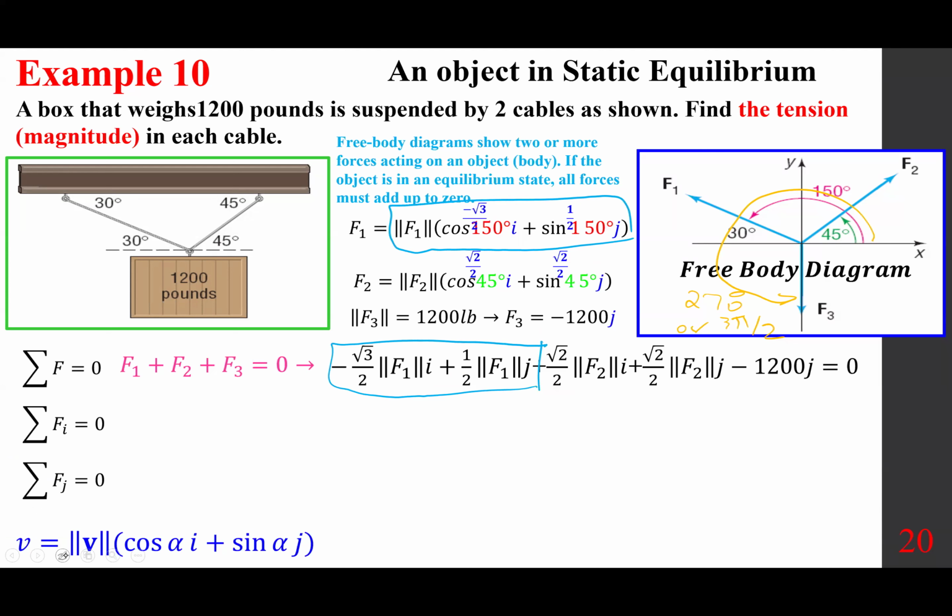And the second one: magnitude of f2 times cosine, which is square root of 2 over 2 i, and then magnitude of f2 times square root of 2 over 2 j, and finally f3 is minus 1200 j. So it's pretty straightforward. I hope everybody is following what we are saying here.